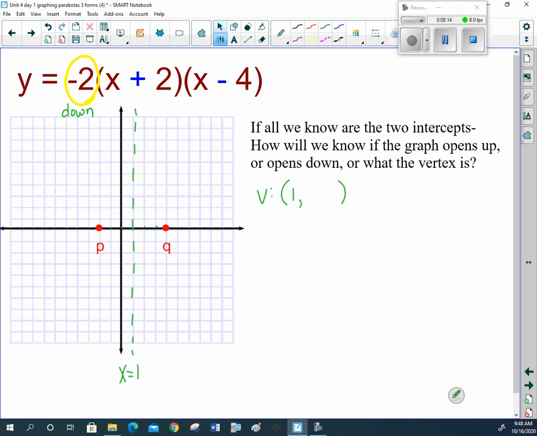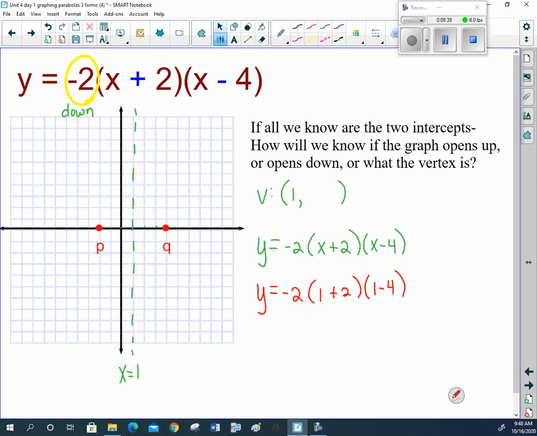And remember, anytime I know an x value, I can find the y value if I plug it back into the original equation. It doesn't matter what form your original equation is. You just need to put 1 in for x. So I'm going to say y equals negative 2 times (1 plus 2) times (1 subtract 4).